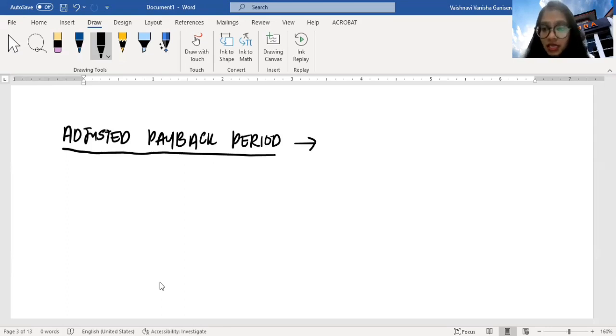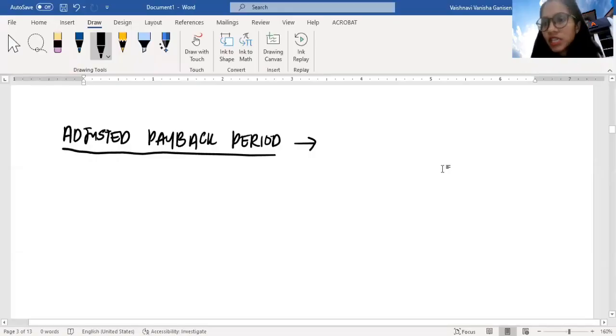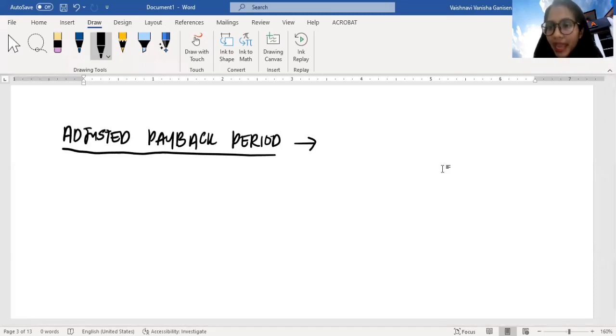The only difference is that in the payback period, you were calculating how much time it will take for your investment to pay back the amount that you have invested. So example, if you have invested about $30,000, how long will it take for you to get back the $30,000. So that is the concept of your payback period.